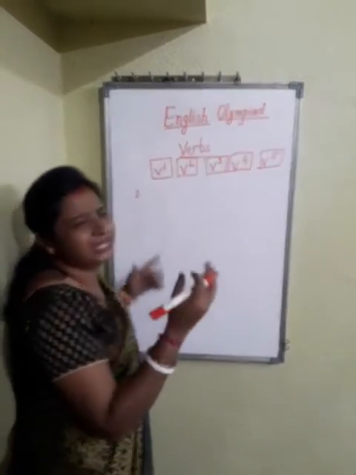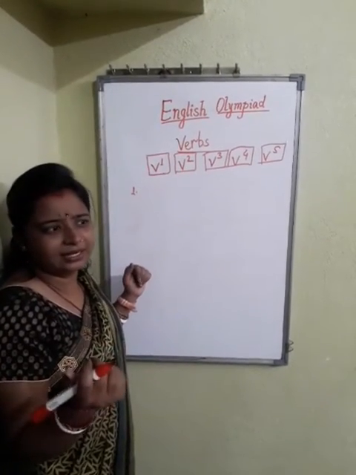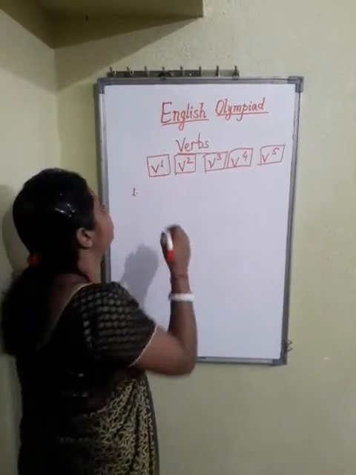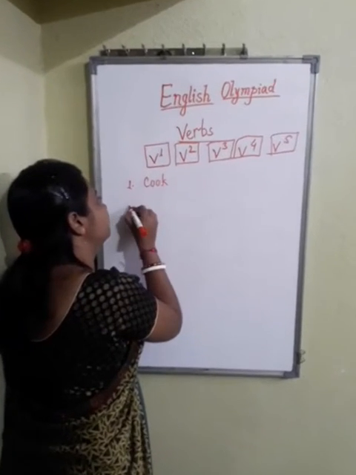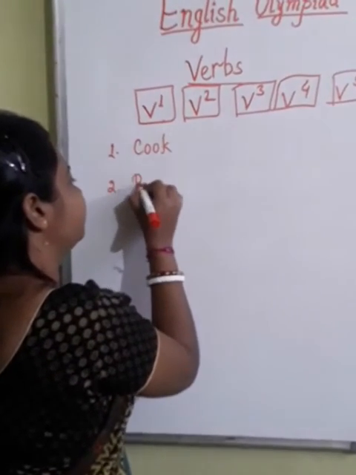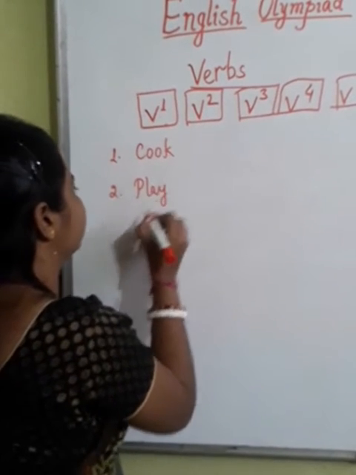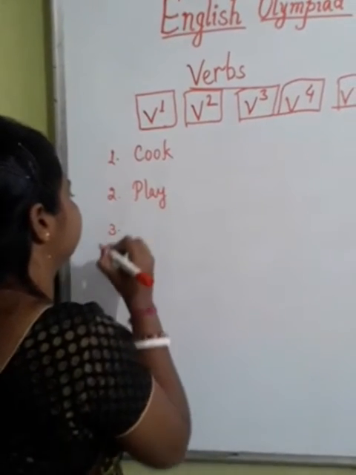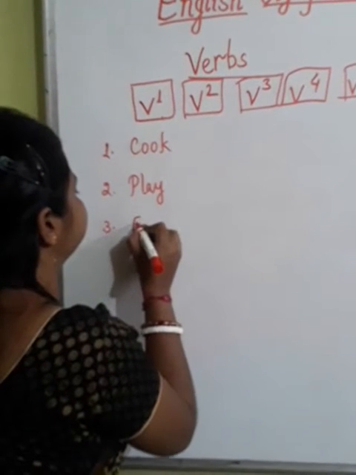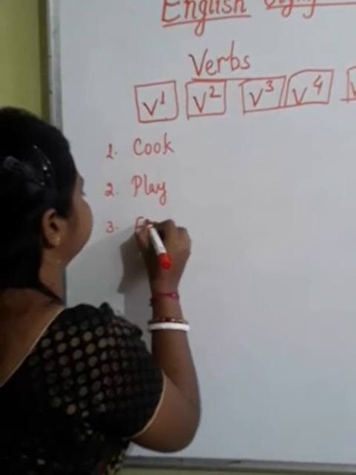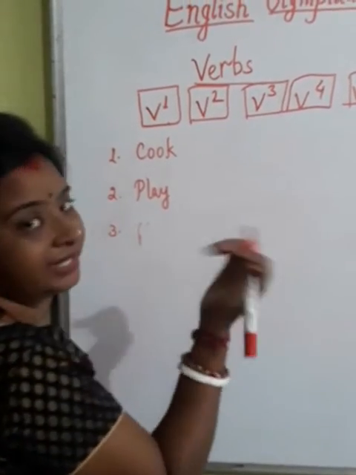So, any action word you can take, like I am writing one action word, cook. Another, play. Next, fly. Or you can write any, cry.